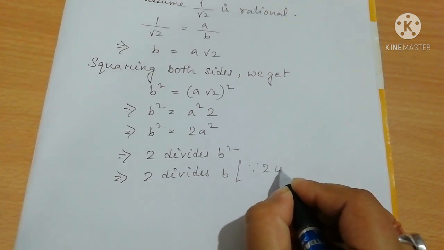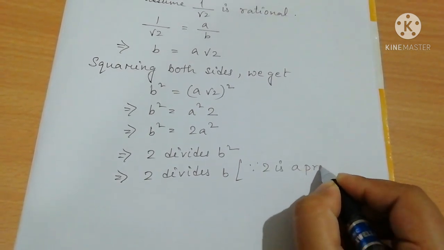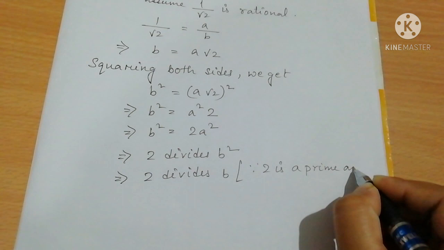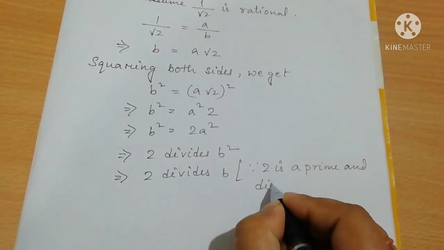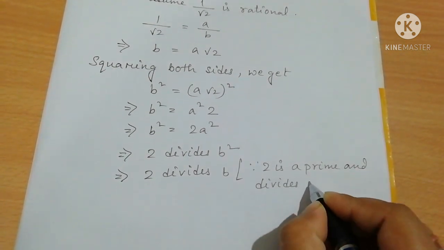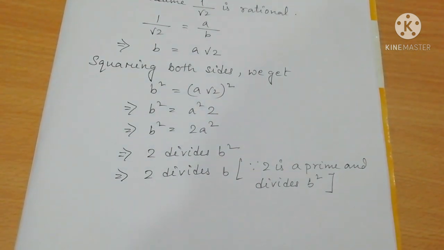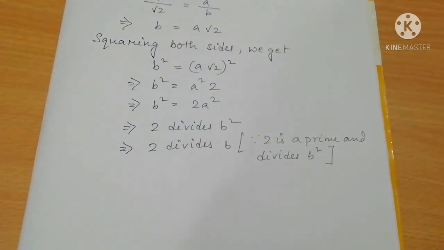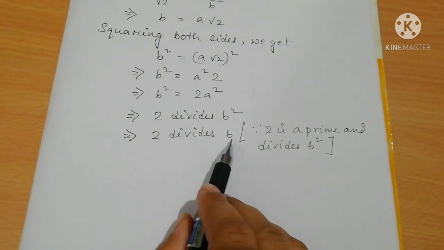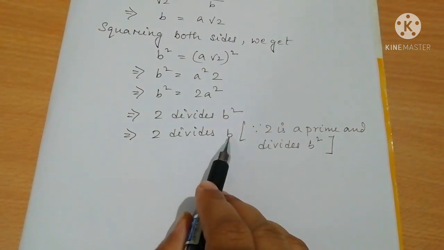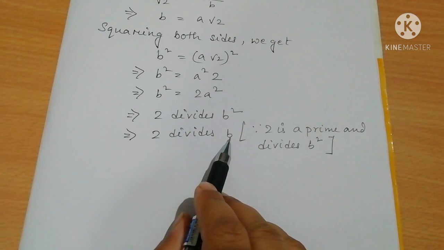Since 2 is a prime and divides b square, then what do we do? Again we'll consider this b as 2c.